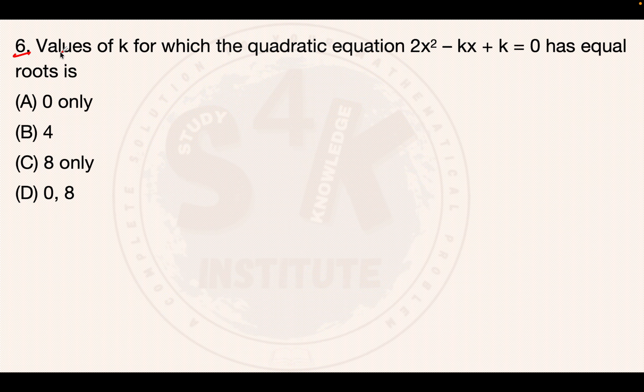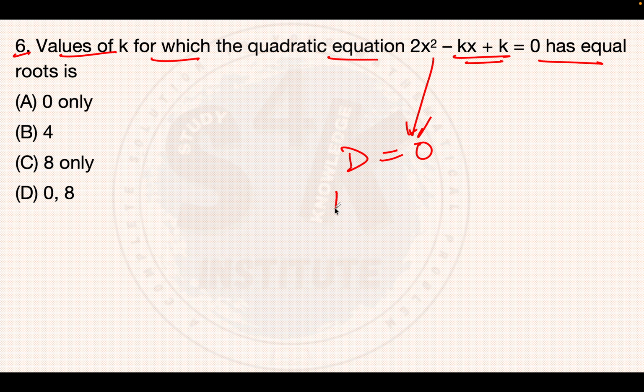Question 6: values of k for which the quadratic equation has equal roots. The condition is given to you, they have equal roots. So for equal roots, what is the condition? We have a discriminant equal to 0. We know the formula of discriminant is b square minus 4ac equal to 0, right?